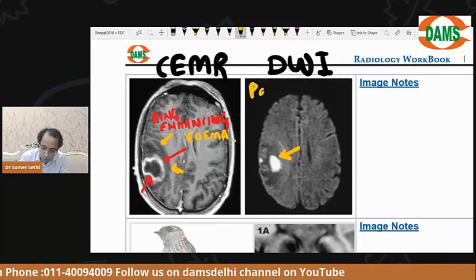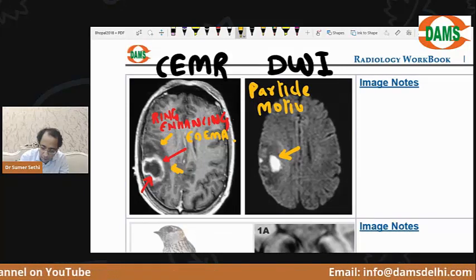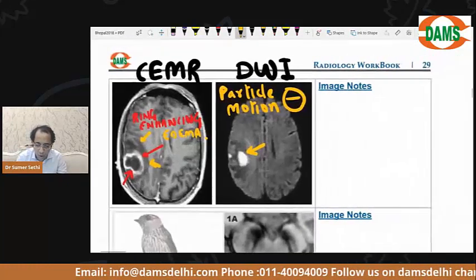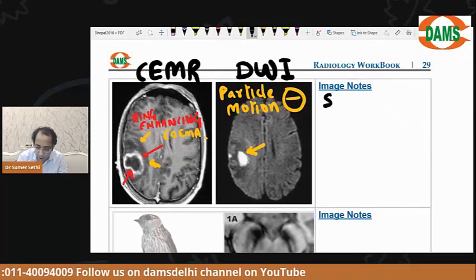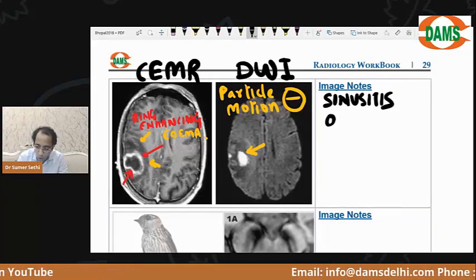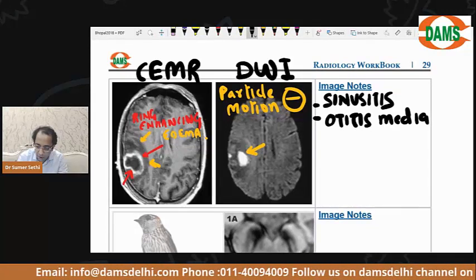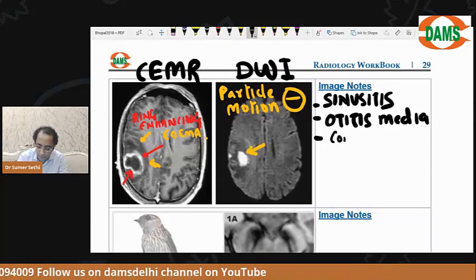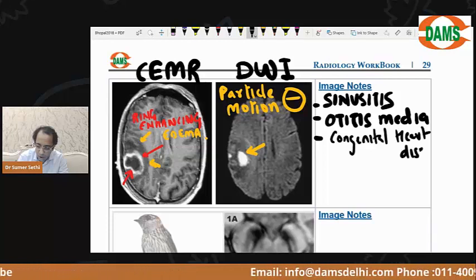On diffusion weighted MRI, the area where there is no particle motion appears bright. So if the particle motion is not there, that area will appear bright on diffusion. Let's imagine now, suppose somebody has, bachche sochna hai, sinusitis and otitis media, a sinus or ear infection, or some congenital heart disease, valvular congenital heart disease, or a shunt.